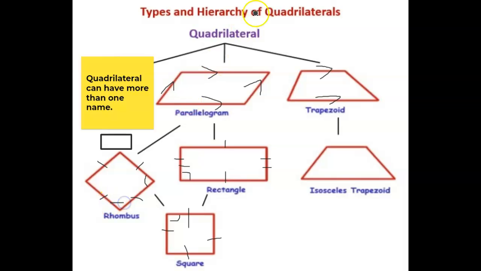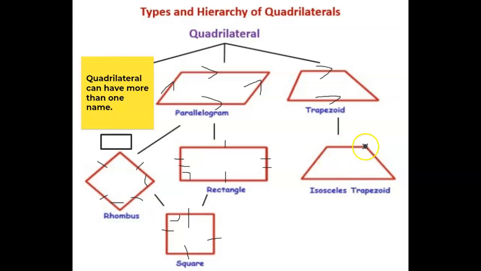So once you decide that it's a parallelogram, you can look more closely at the sides and the angles. Okay, and we're going to be using this flowchart a lot today, so you'll get used to it. Now, if you discover that your quadrilateral is not a parallelogram because it only has one set of parallel lines, well then, it's a trapezoid.